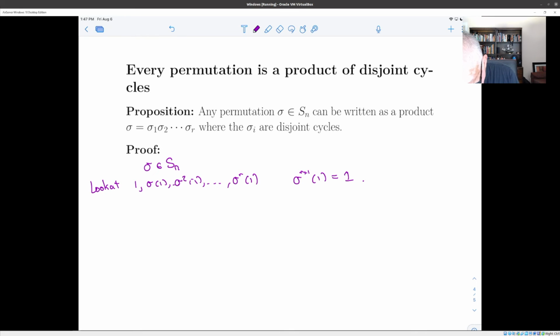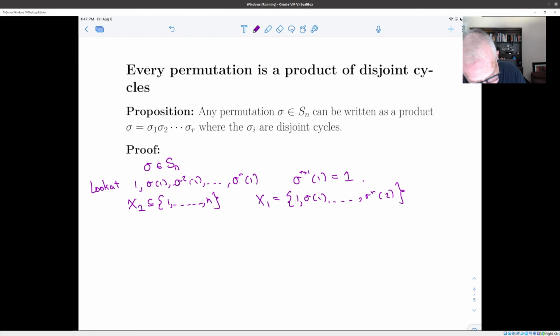And we let x1 inside the set from 1 up to n be this collection that you get by starting with 1 and applying sigma over and over again. And basically, x1 has r elements.